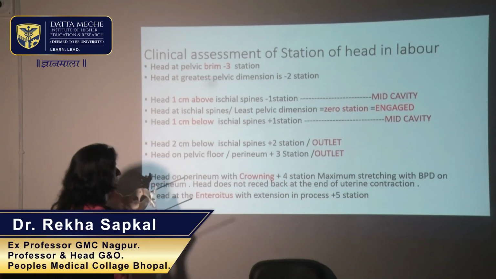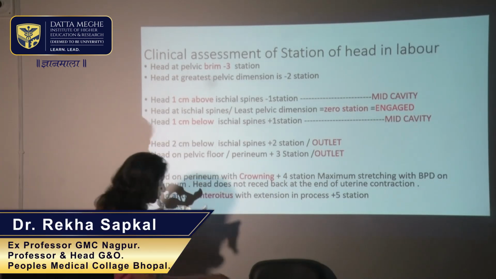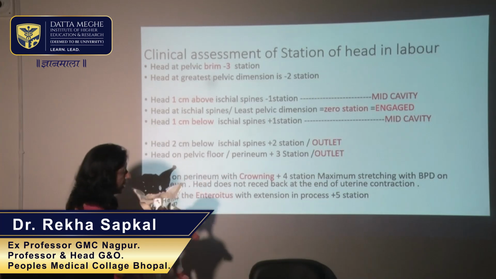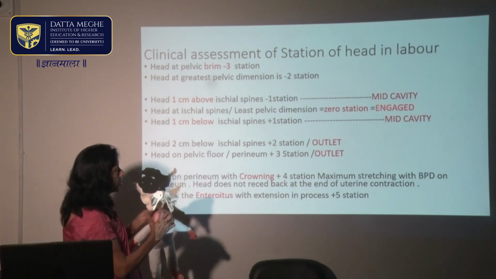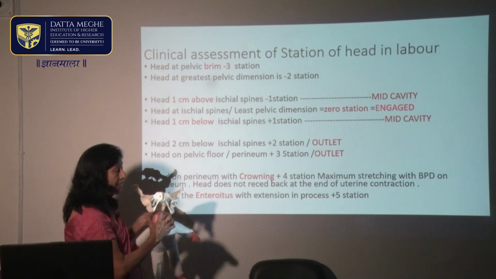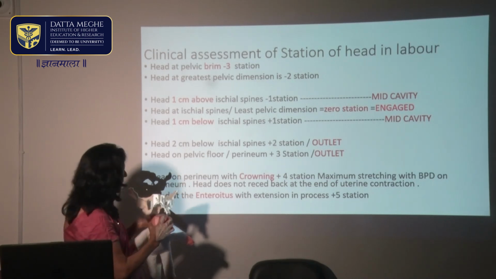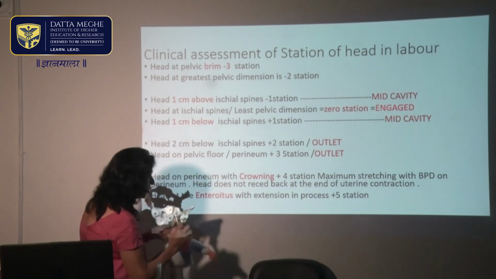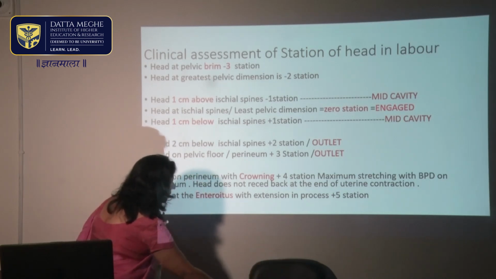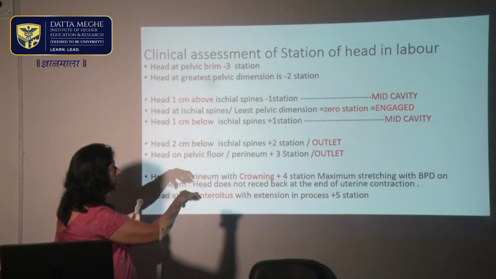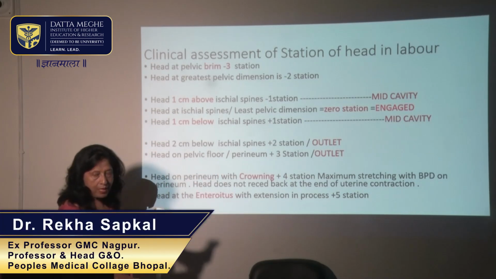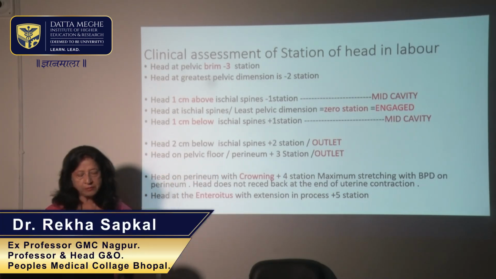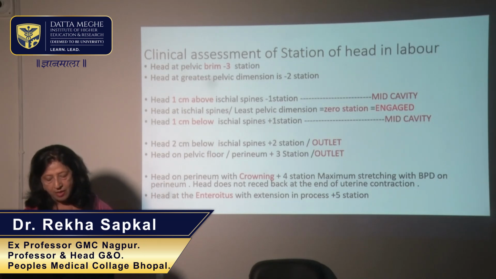Next, the head will be on the perineum, with the biparietal diameter stretching, maximum stretching. That thing is known as crowning of the head. The head does not recede back, and the head is at the introitus. This is how 5 stations are below 0 station, 5 stations are above. Like that we comment on 10 stations of the head in labor.